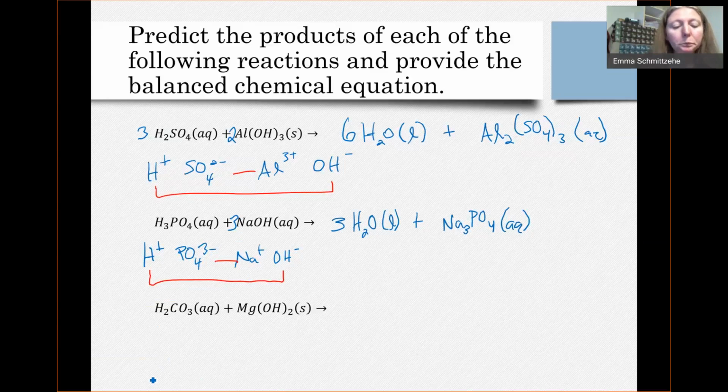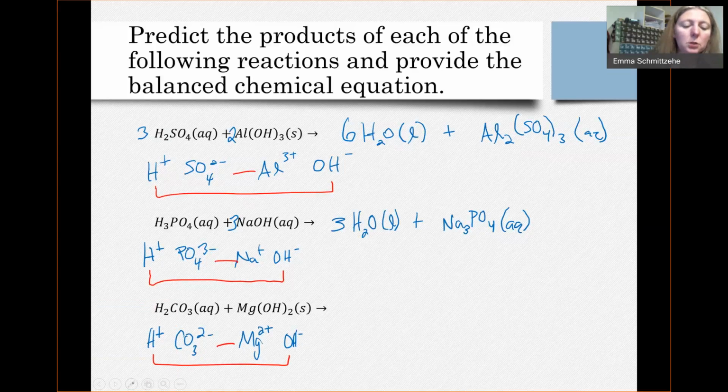answer. Okay. Now let's see, last one, carbonic acid, we have H plus, and then CO3 2 minus, and then we have Mg2 plus, and OH minus. And so we will combine H plus and OH minus, and the Mg2 plus and the CO3 2 minus.